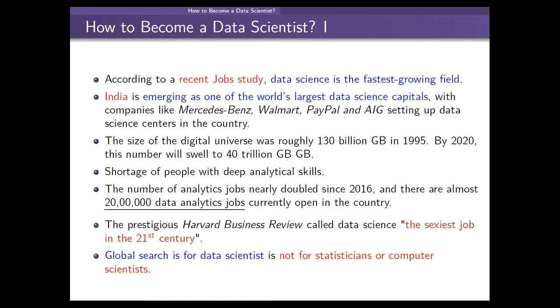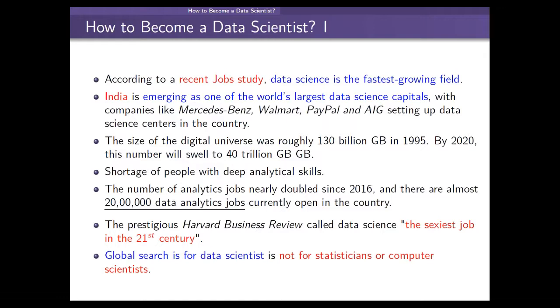Now we need to discuss what the industry is looking for. The global search is for a data scientist who is not just a statistician, or a computer scientist, or a software engineer. That means these skills alone are not enough.